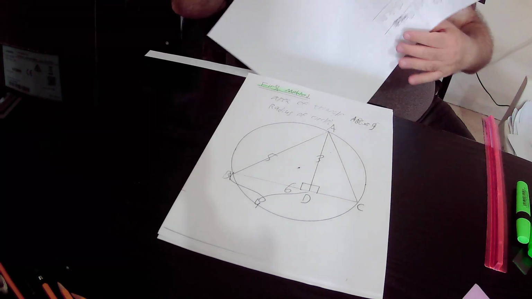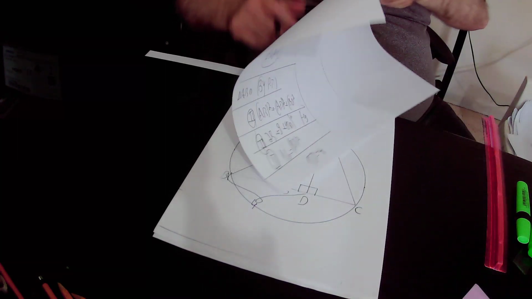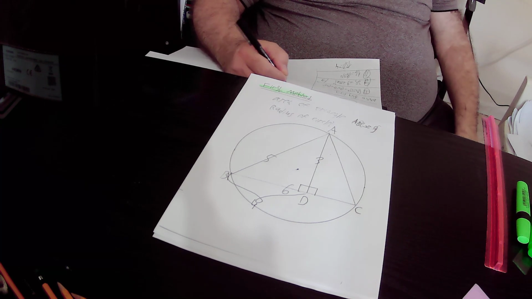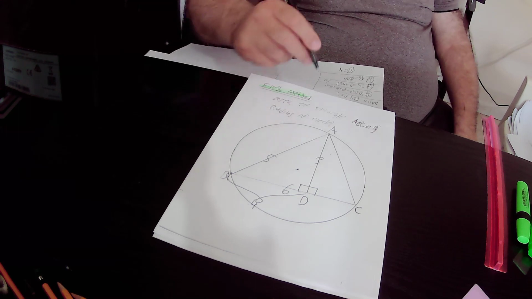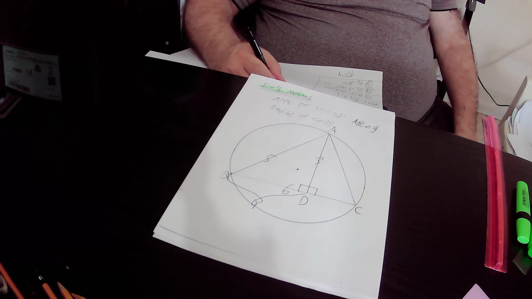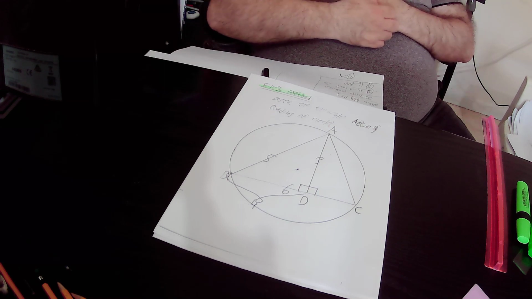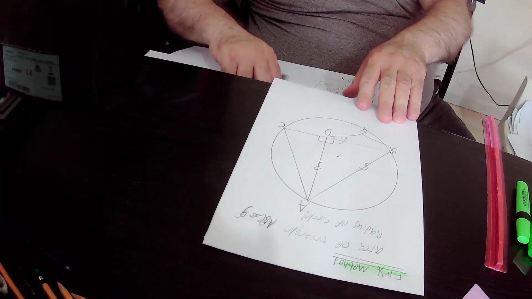I repeat again, CD equals BC minus BD. So CD equals BC, which is 6 units, minus BD, which is 4 units. CD equals 6 minus 4, that is 2. We can write down here that CD equals 2 units.